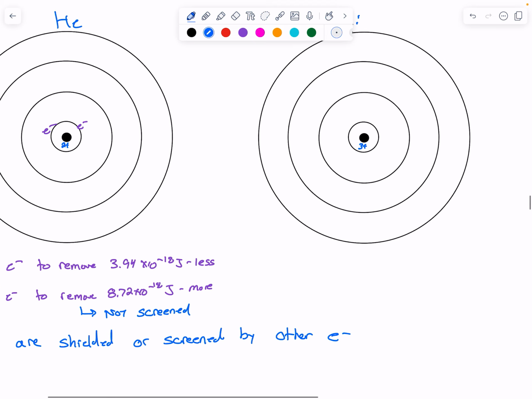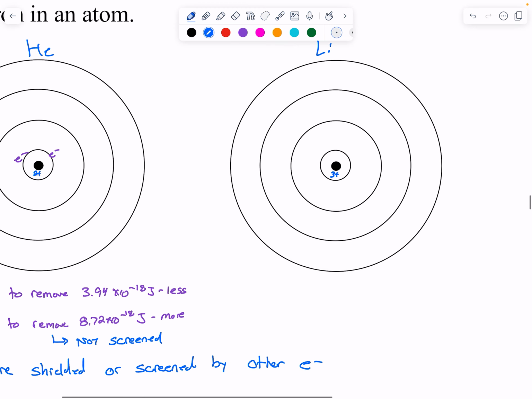If we go to lithium here, we have the 1s electrons and an outer 2s electron. These electrons in 1s are going around and around, and so there's a shielding or screening that this electron in 2s is feeling. And there's a formula for this.